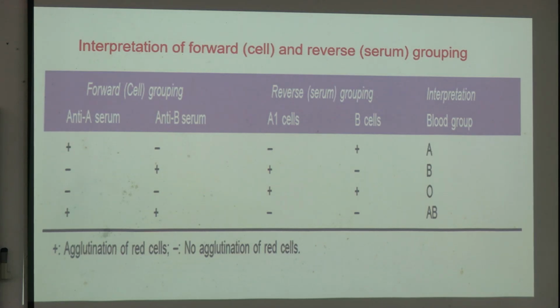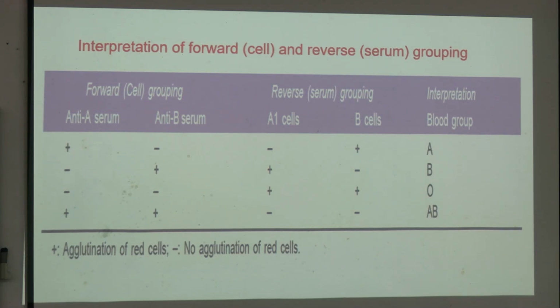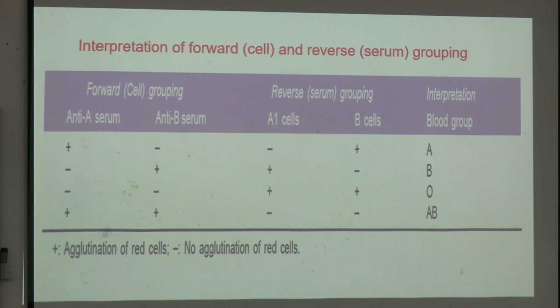Here is a chart of interpretation of forward grouping and reverse grouping. As we can see, in case of all the blood groups where the agglutination has occurred, here is the interpretation. So positive is agglutination of RBCs and negative means there is no agglutination of the RBCs.